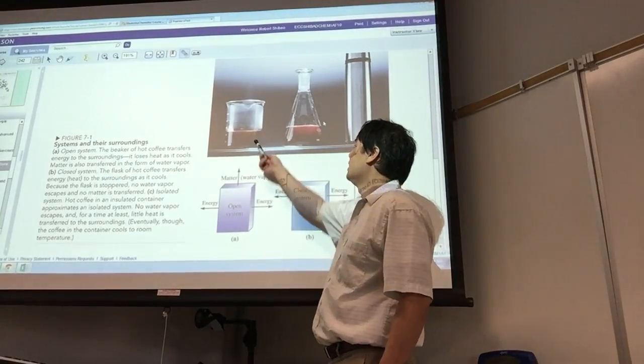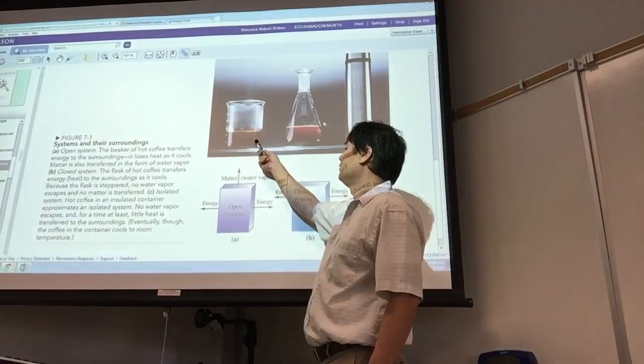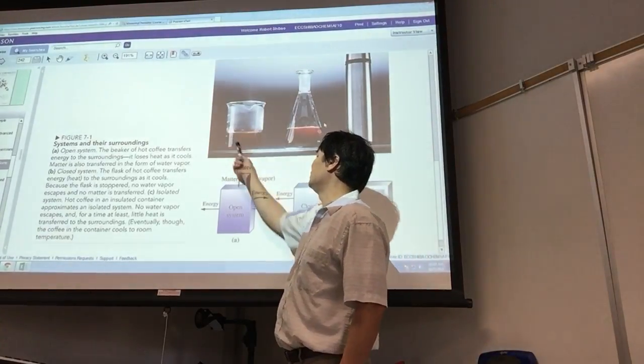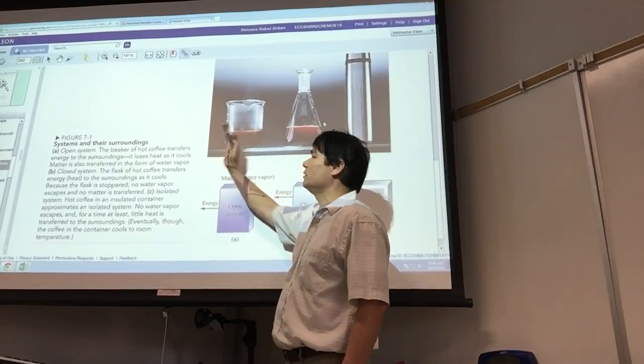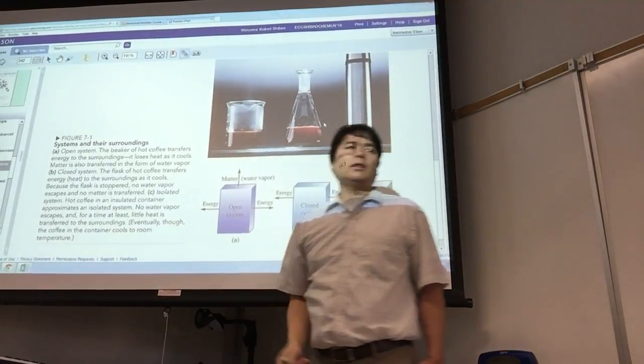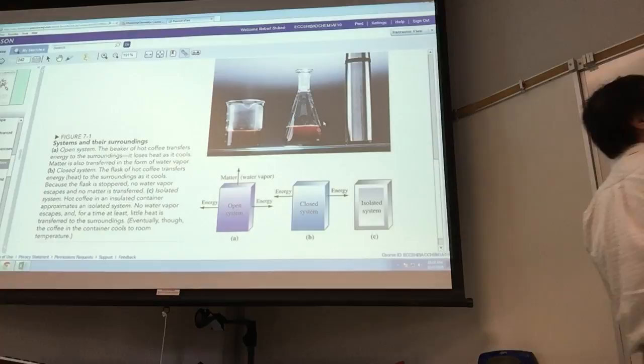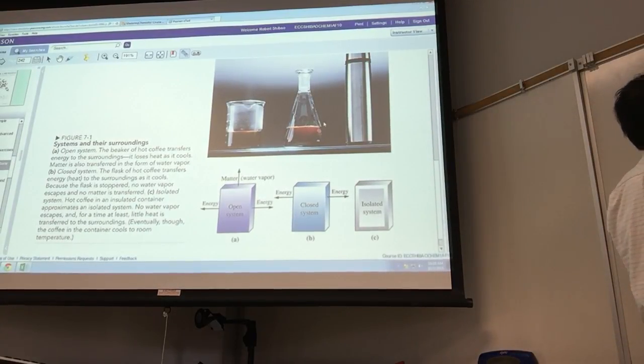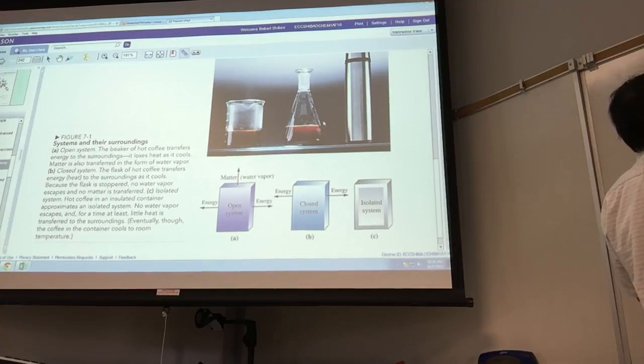And it looks like a lot of heat is being generated off that. And so we call this an open system because if we're interested in this, we call this the system, and then everything else is the surroundings. And so the system is what we are interested in. It's either the object or reaction of interest.